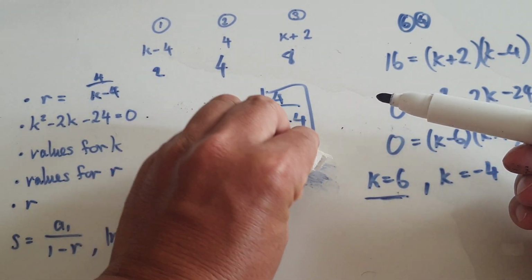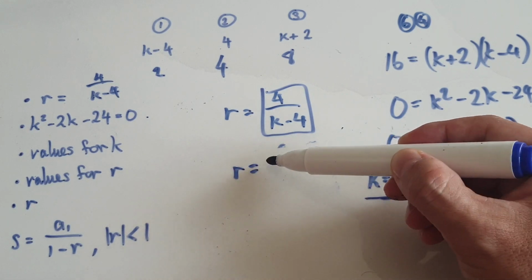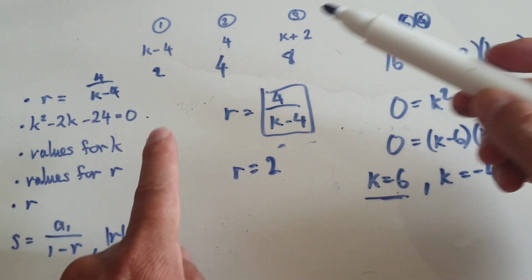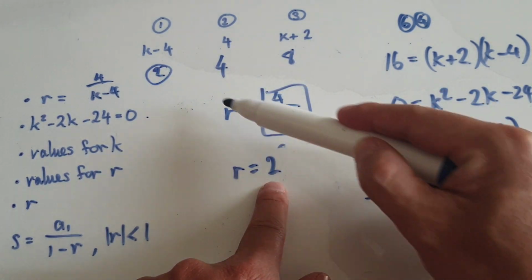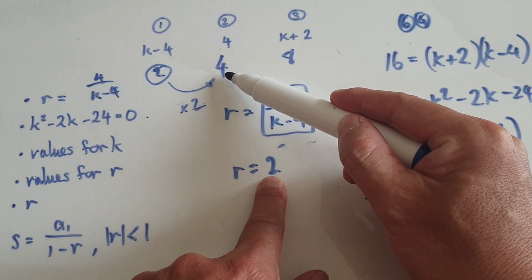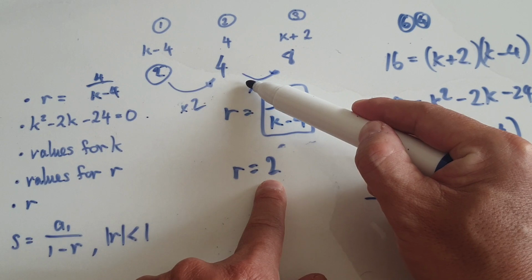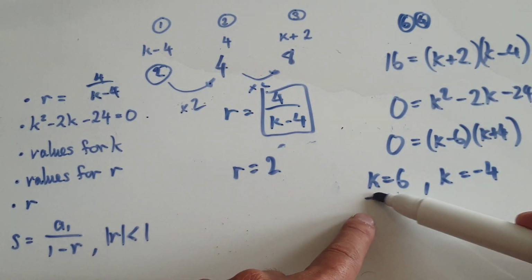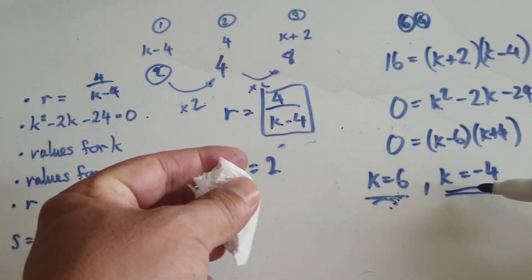That means the common ratio is 2. Now let's check it. It all makes sense, because look, the first term is 2. You times it by 2, this is our common ratio, it gives you 4. Now 4 times the common ratio gives you 8. So you see, this k here makes sense. Everything makes sense.